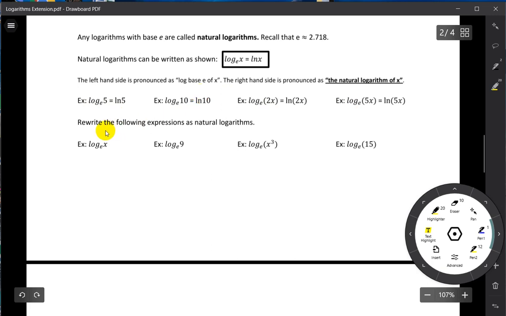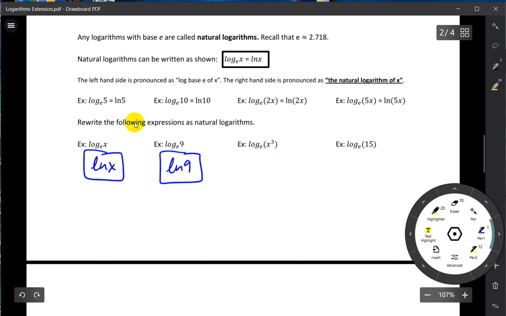What we want to do here is rewrite the following expressions as natural logarithms. If we wanted to express this as a natural logarithm, this is the same thing as ln of x. This one is the same thing as ln of 9.